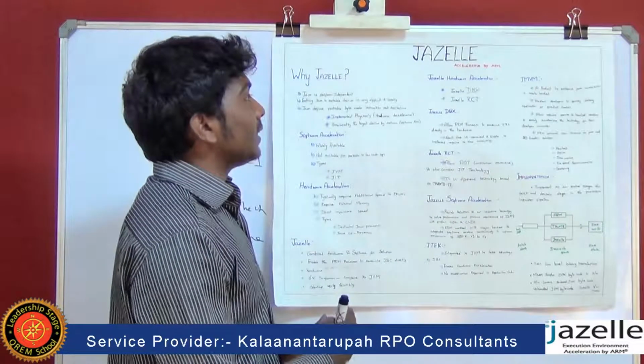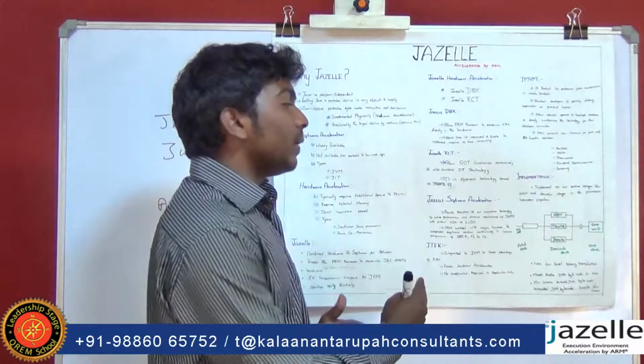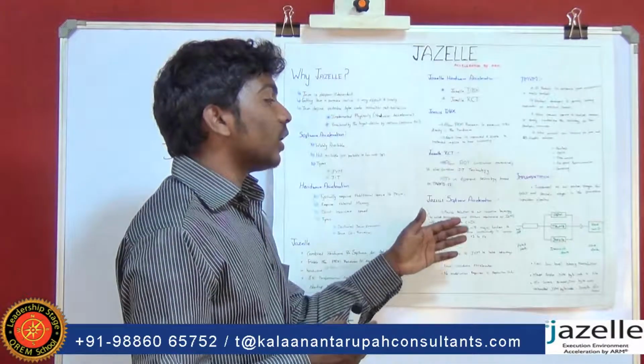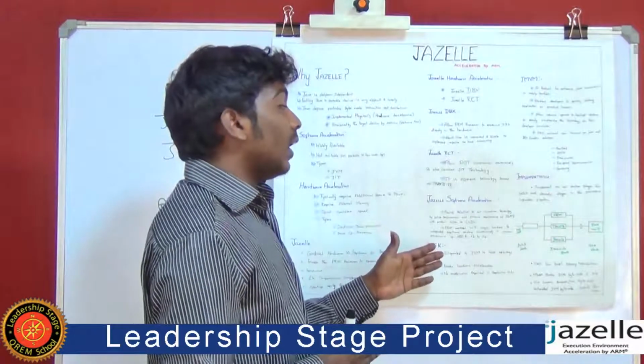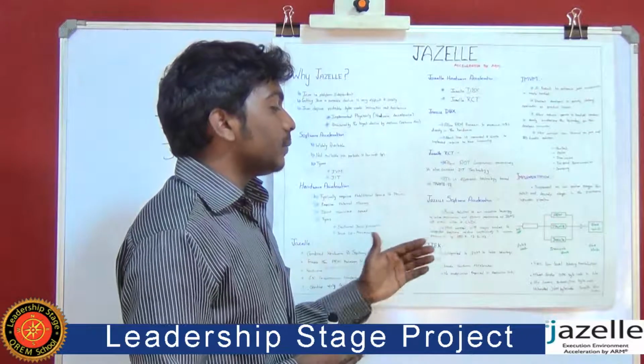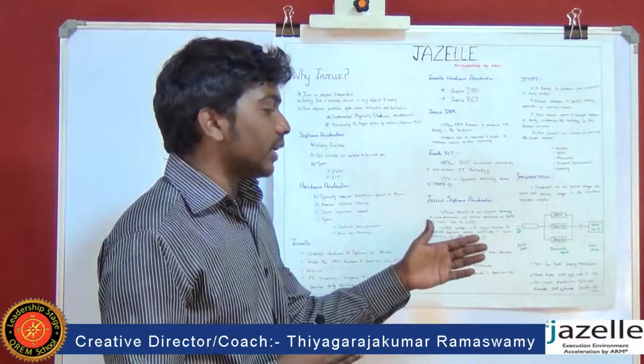And for the implementation, Jazelle is implemented as a new stage. It is implemented as an extra stage between the fetch and the decode stage in the processor instruction pipeline. There are basically 3 stages in instruction execution, that is fetch stage, decode stage, and execution stage.